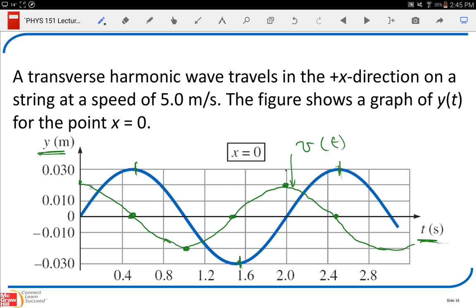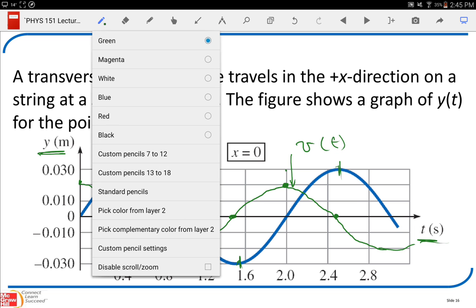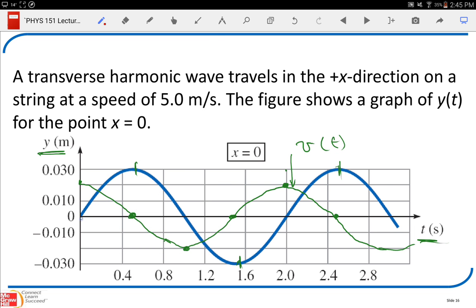So if I look at this one, I could say, well, I am going to have 0 acceleration here. That's a negative slope, so it's going to be negative acceleration until I get to this point where it's going to be back to 0. Then it's going to be positive. Here I'm going to have maximum negative acceleration. So my acceleration is going to do something like this.